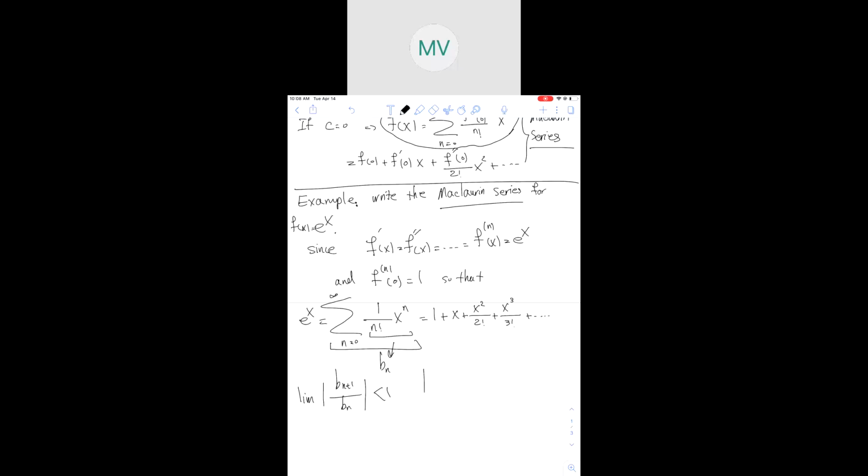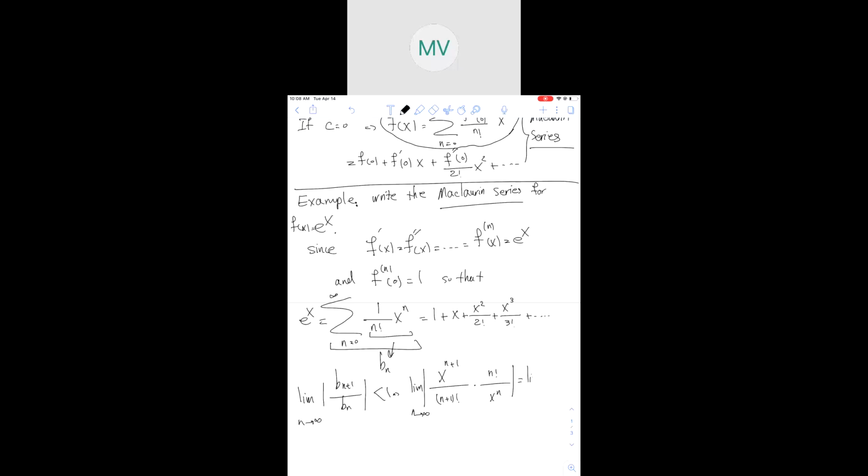So in our case, it's going to be x to the n plus 1 over n plus 1 factorial times n factorial over x to the n, the limit of this as n approaches infinity.